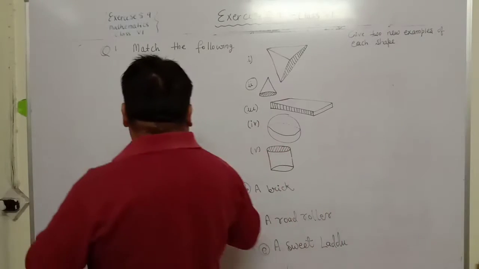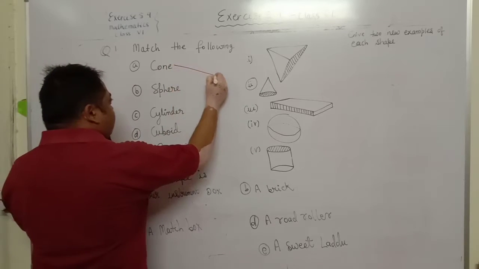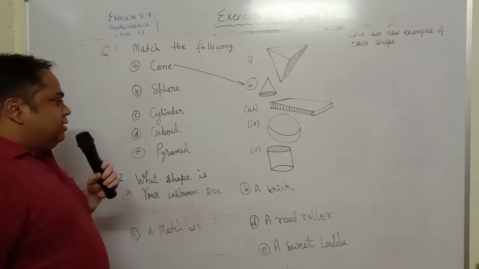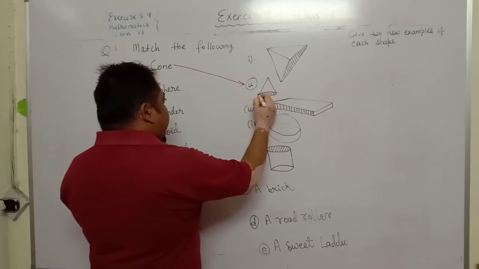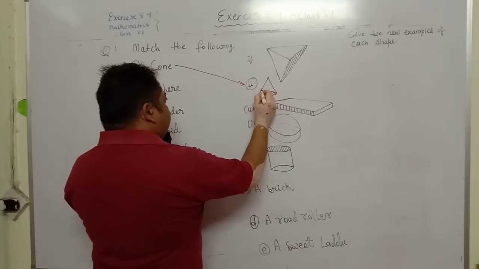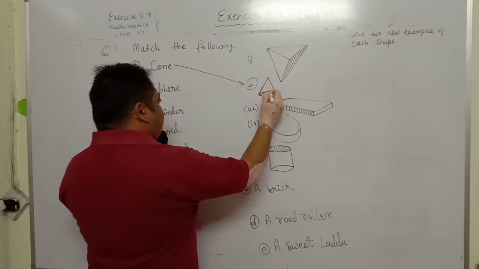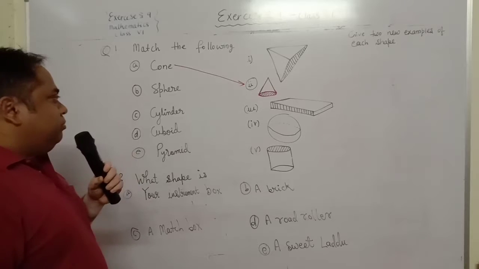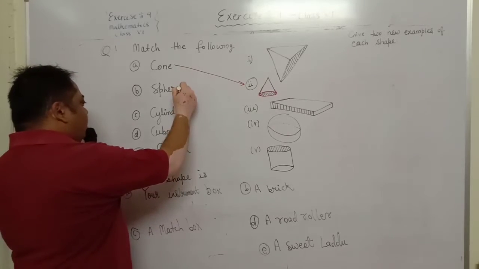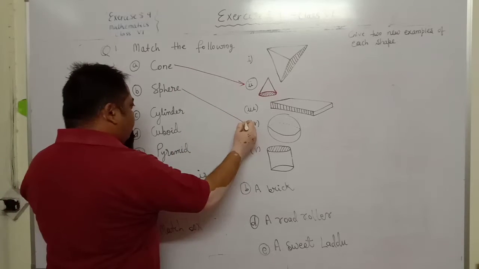Cone. A figure cone looks like this. The base will be circular and this will be raised up to a height in a conical form. Sphere, just like your ball, the football, the cricket ball.